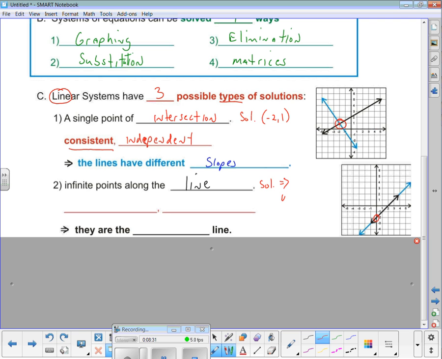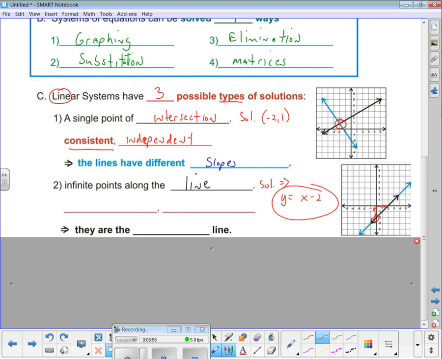Remember, you need y equals mx plus b. What's our b? -2. Now we got to figure out the m. If I go up 1 and the right 1, it's a slope of 1. So that's the equation of the line, y equals x minus 2. That would be the solution, right? The equation of the line.